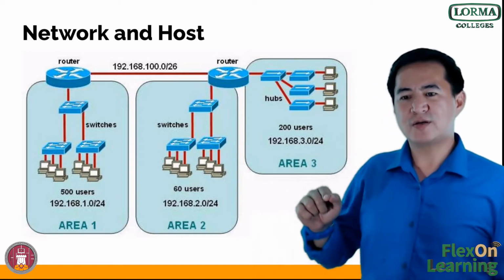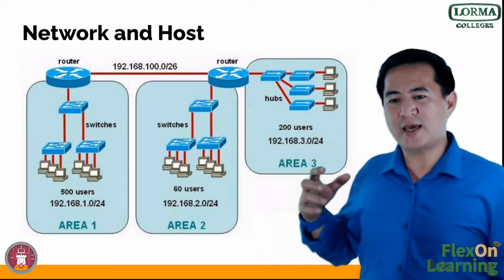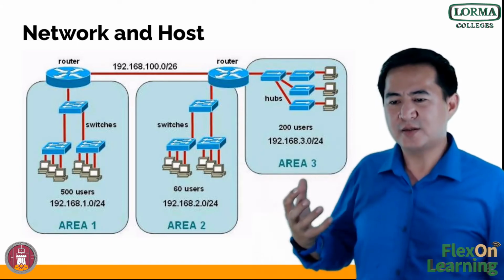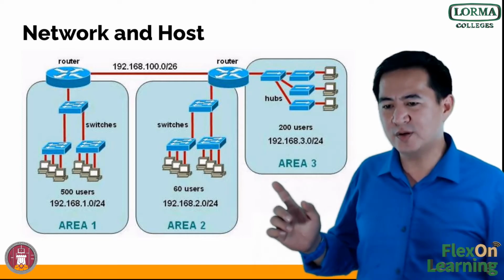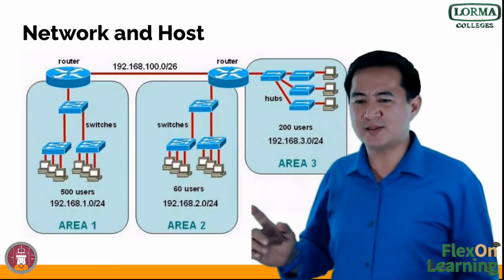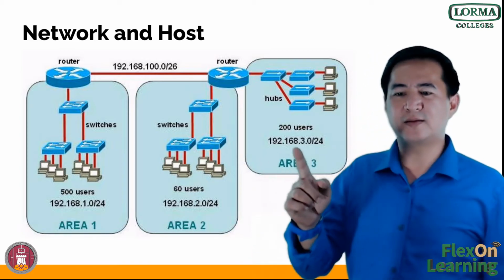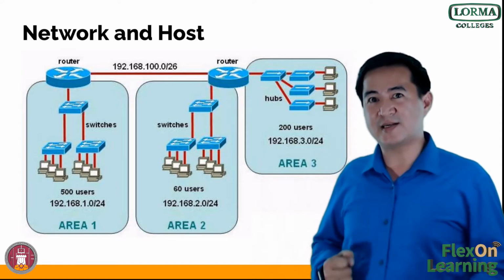And each group of network actually has its own network ID. So area 1 has a network ID of 192.168.1.0. Area 2 has a network address of 192.168.2.0, and the same thing with area 3, which has 3.0. That is their network address.